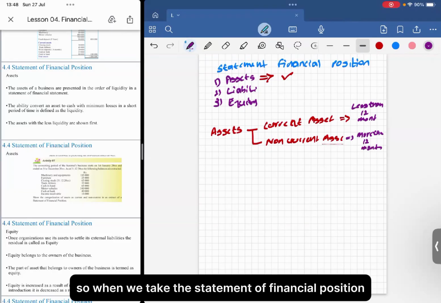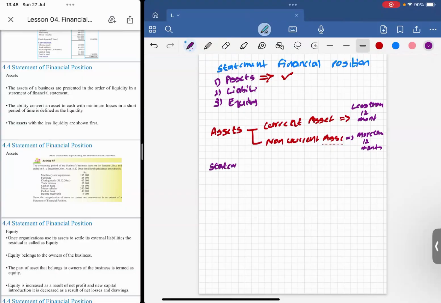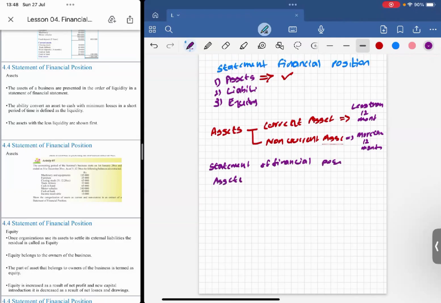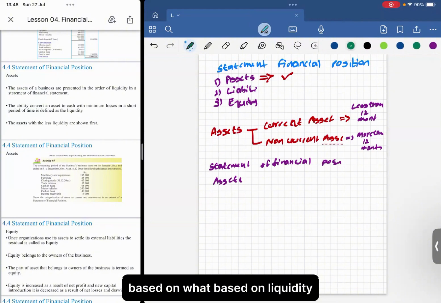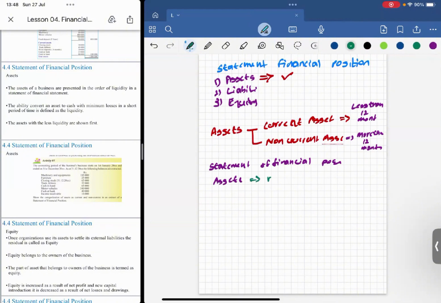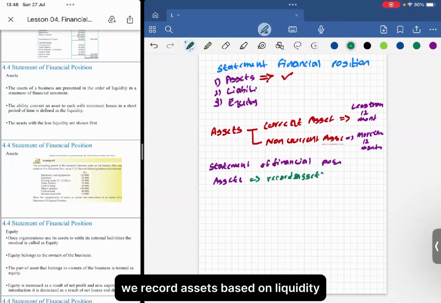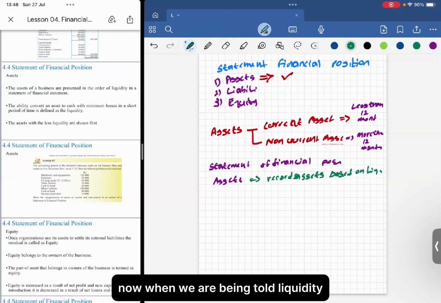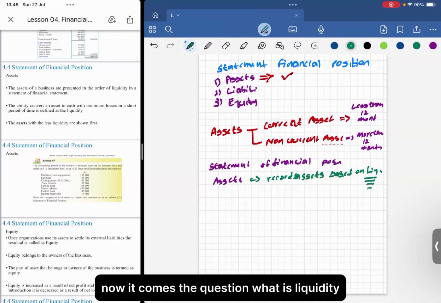When we take the statement of financial position, we record these assets based on what? Based on liquidity. Now it comes to the question, what is liquidity?